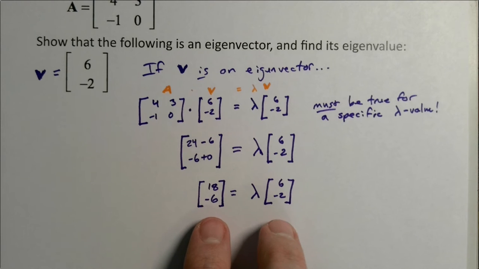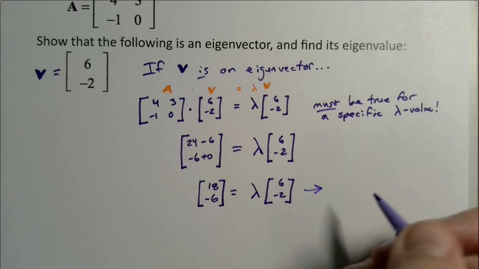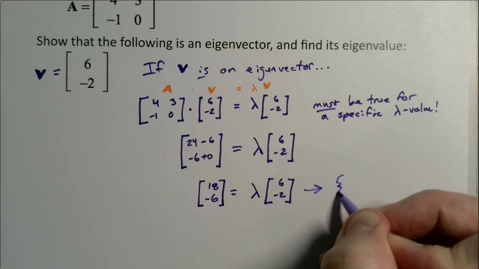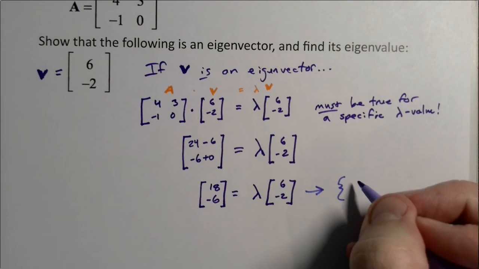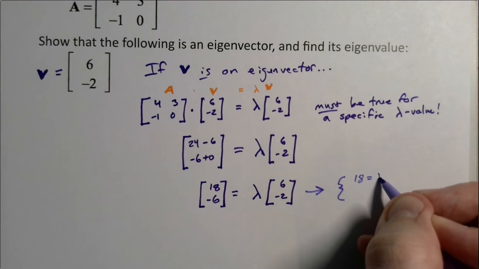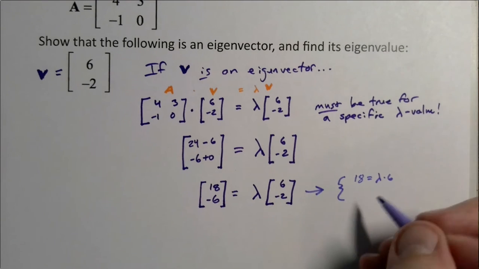And if you don't see it in terms of a matrix equation, remember that you can always think of this as a pair of equations. The top equation is 18 equals lambda times 6. And the bottom one is -6 equals lambda times -2.